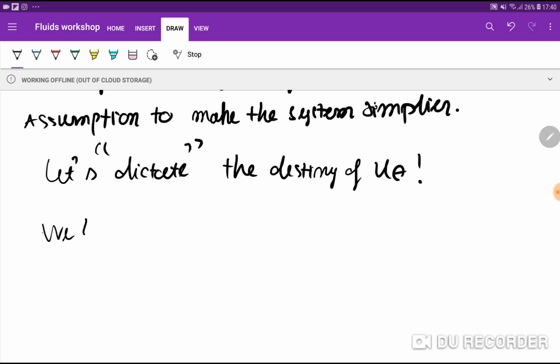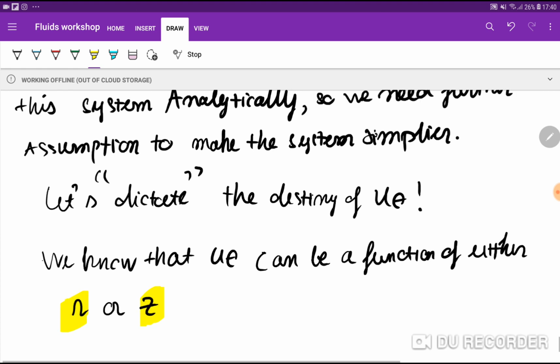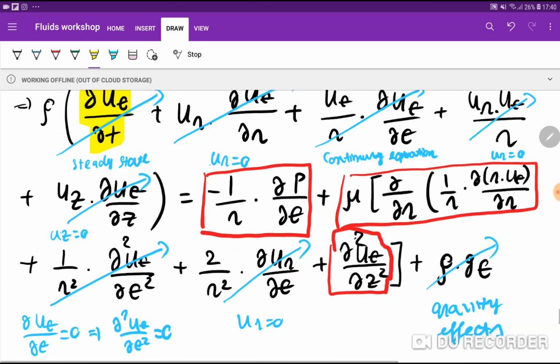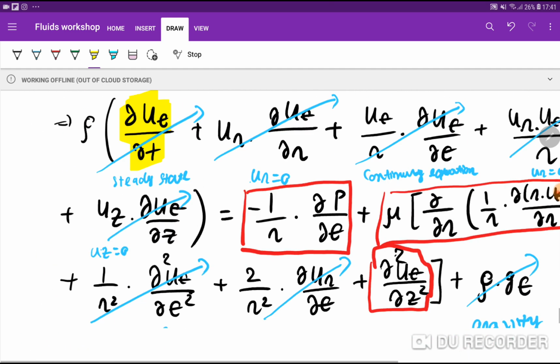We know that u theta can be a function of either r or z, right? Let me scroll up. Okay, yeah, r, z. Wonderful.